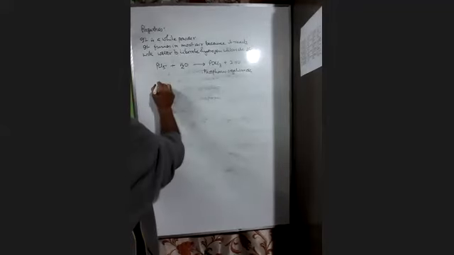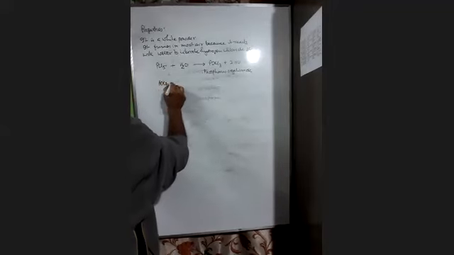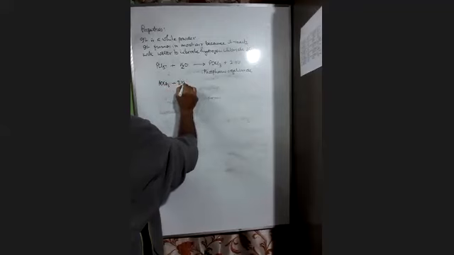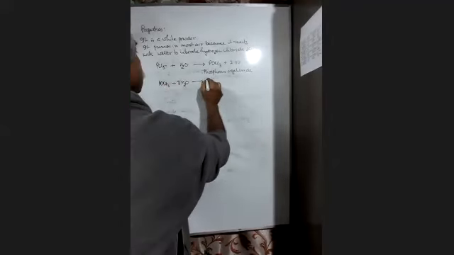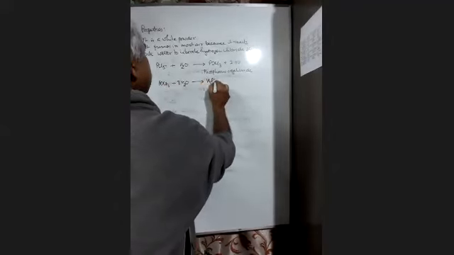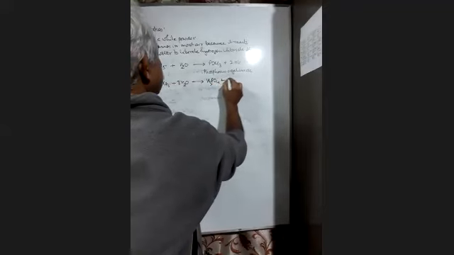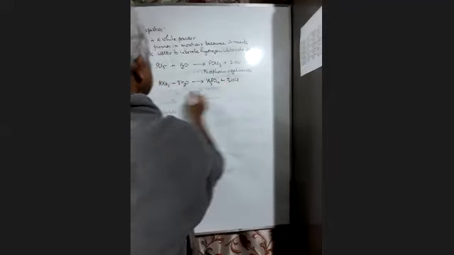Phosphorus oxychloride immediately reacts with water: POCl3 plus 3H2O gives H3PO4 and 3HCl.